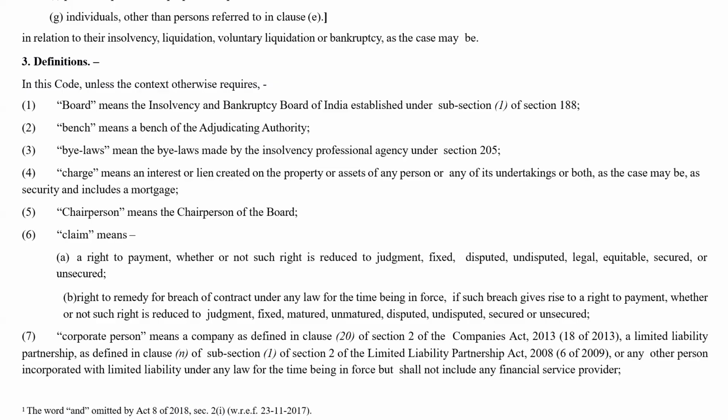These insolvency professional agencies make bylaws. And IBBI makes regulations. And who makes the rules? Rules are made by the central government. So these basic things we have to remember: rules by central government, bylaws by agencies, and regulations by the regulator. Naturally, the regulator is IBBI, right?